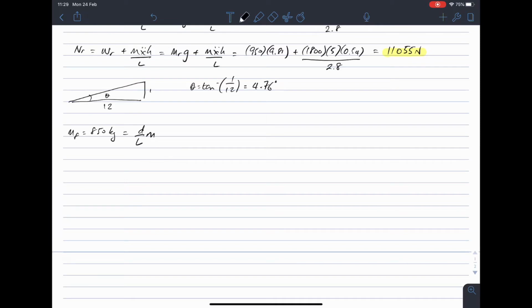Okay, so D equals MF L divided by M, which is 850 divided by 1800 times by 2.8. So that comes out to be 1.322 meters.